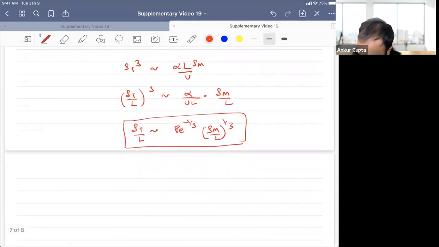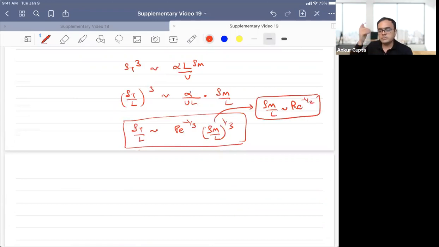But here, now delta m by L scales as Reynolds number to the power of minus half, which then gives you the final solution, which was derived in terms of Prandtl number and Peclet number. So you can again see a 1/3 scaling, but there's a slight twist here in the sense that delta m by L is also there because delta m itself is a function of Reynolds number.